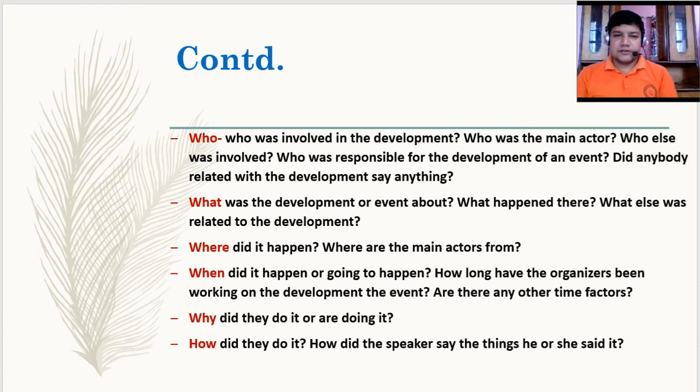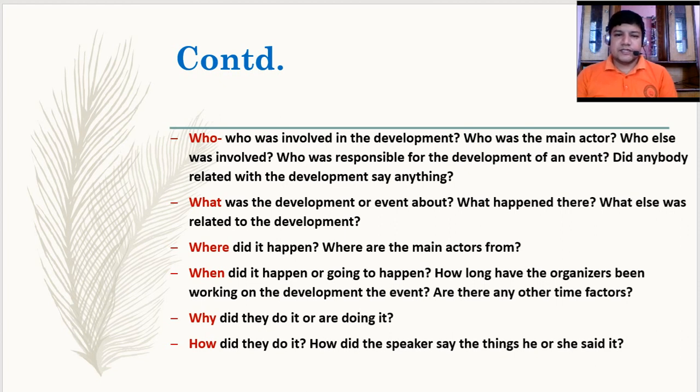So your writing should answer the questions related to who, the persons; questions related to what, the things or happenings; questions related to the place, give information about the place; give information about the time, that is the when question; give information about the reasons, causes, factors; and give information about how a certain thing was done.